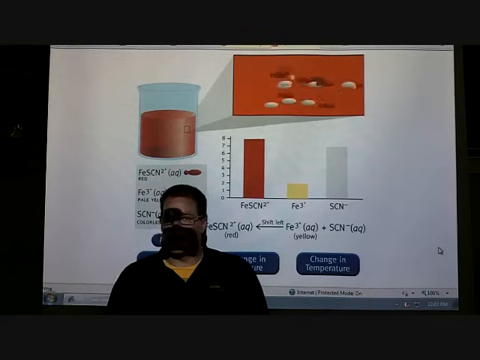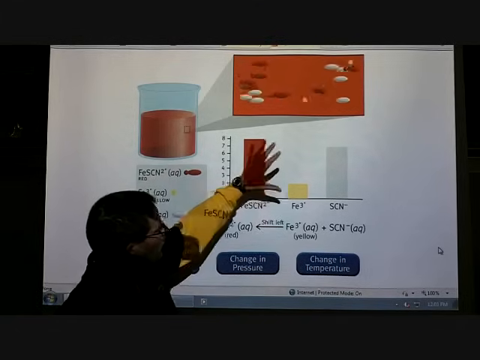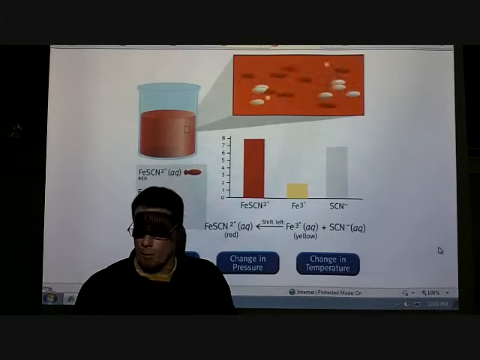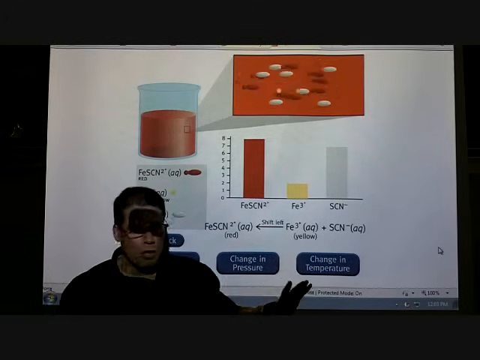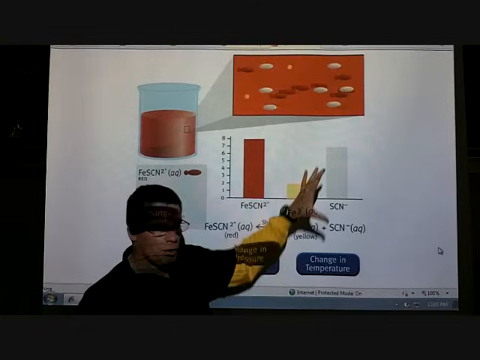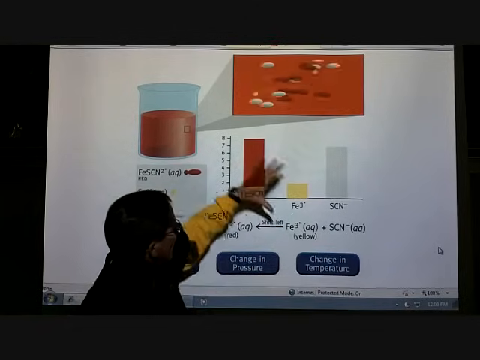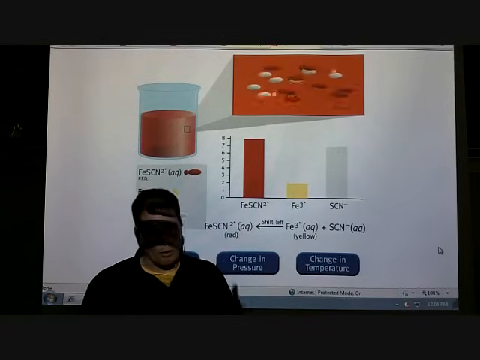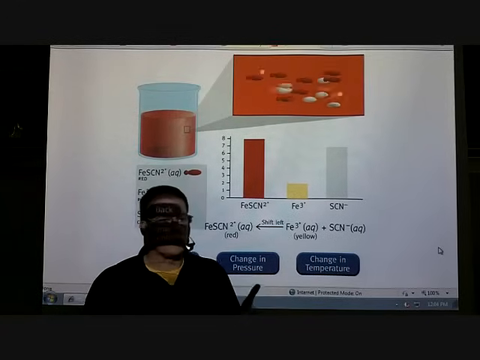Now, here's one really important thing to consider. The equilibrium constant remains the same as long as the temperature remains the same. So my question to you is, I have different concentrations from that which I started on, actually for everything here. Is my K the same? Temperature didn't change. That's correct.